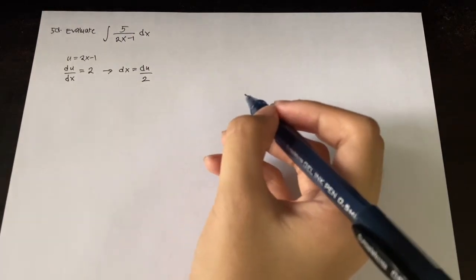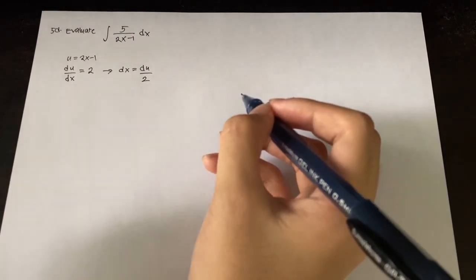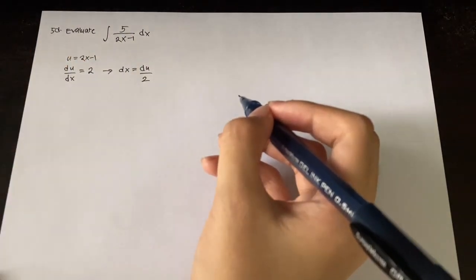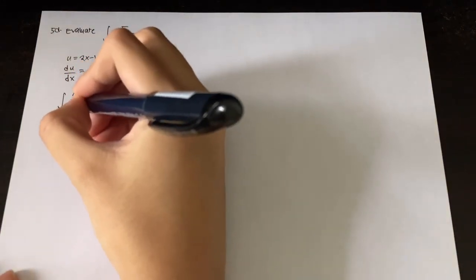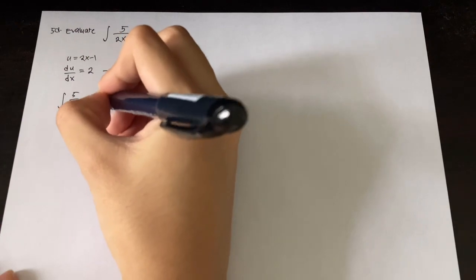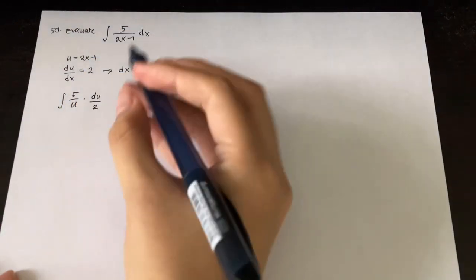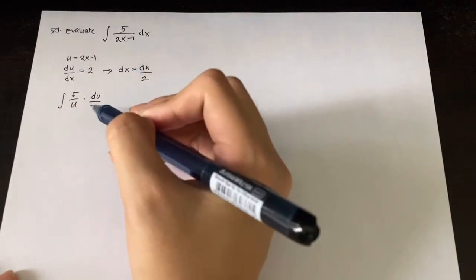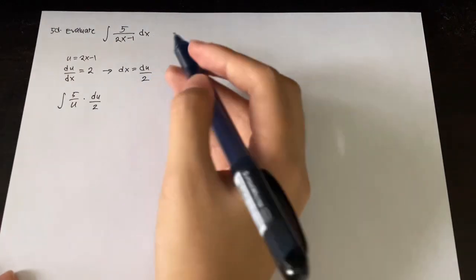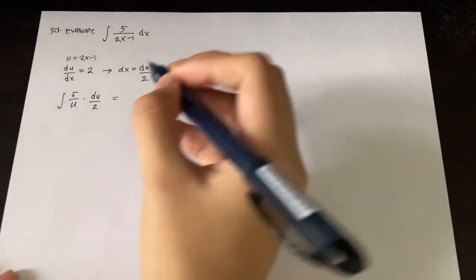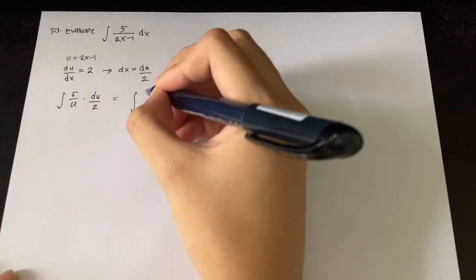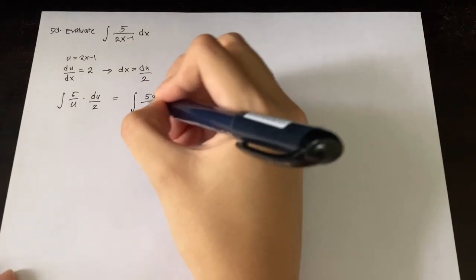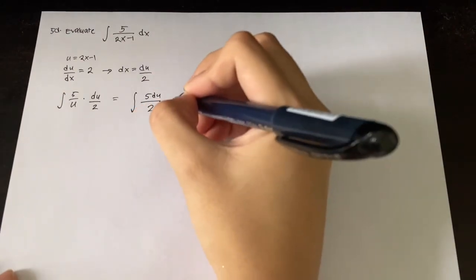So when we rewrite the statement with u, that would make it 5 over u times du over 2. 5 over u replaces 5 over 2x minus 1, and du over 2 replaces dx. And then when we combine it together, we get 5 du over 2u.